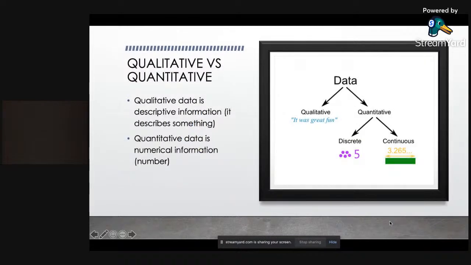And as an example of qualitative versus quantitative data, qualitative data is descriptive information because it describes something, and quantitative data is numerical information. So it is crystal clear, right? You have to really understand this because I'm expecting you to incorporate or embed qualitative and quantitative data in your final project, which we will start this week.